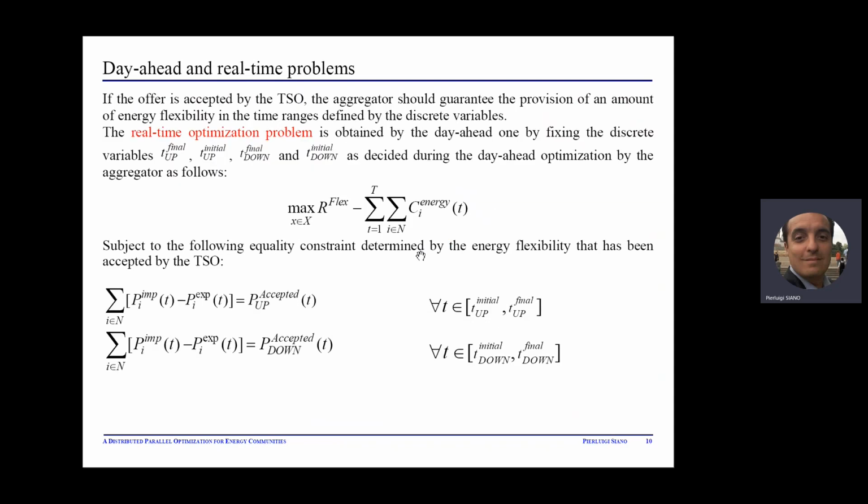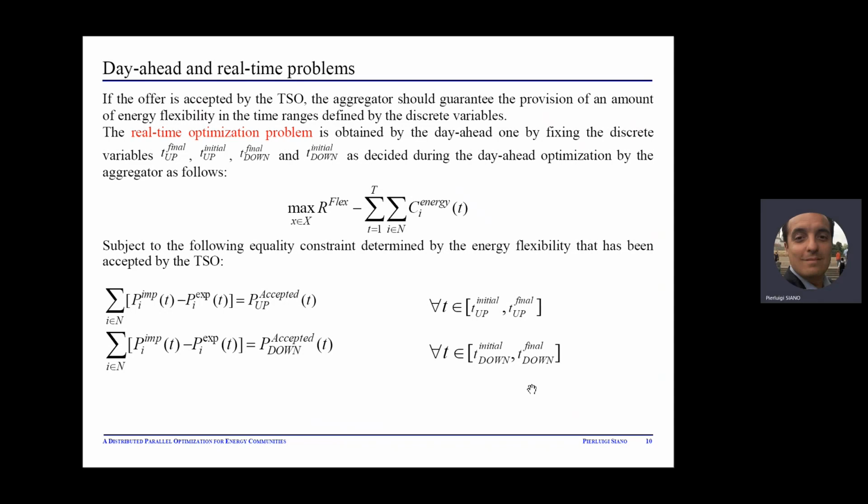If the offer is accepted by the transmission system operator, the aggregator should guarantee the provision of an amount of energy flexibility in the time ranges defined by these discrete variables obtained by the AI optimization.